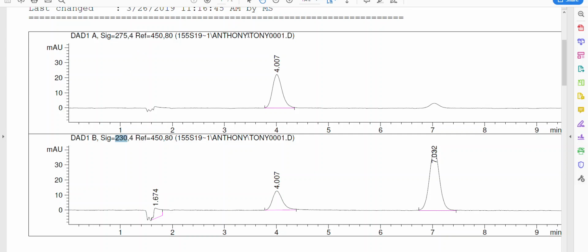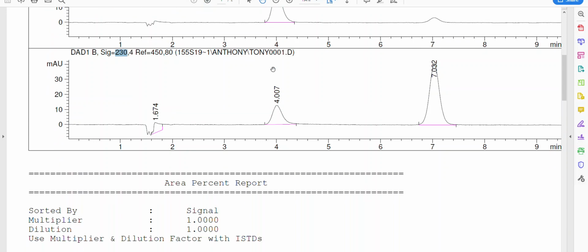This corresponds to a peak in the caffeine spectrum at 275. On the other hand, at 230, the peak at 7 is larger than the corresponding peak at 7 at 275. So what this does is identify the 4-minute peak as caffeine and the 7-minute peak as benzoic acid.